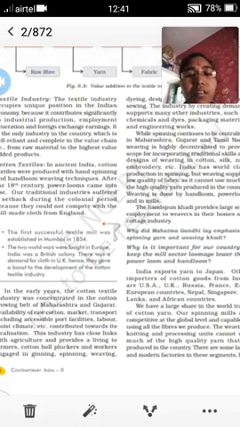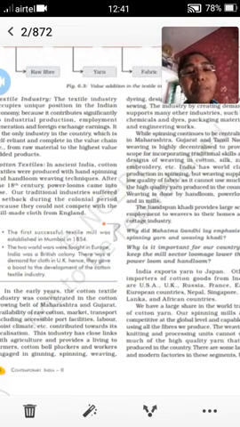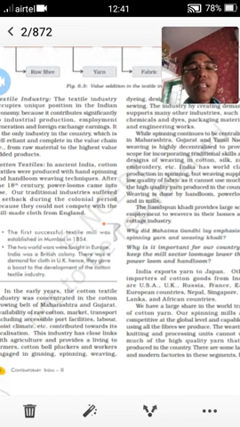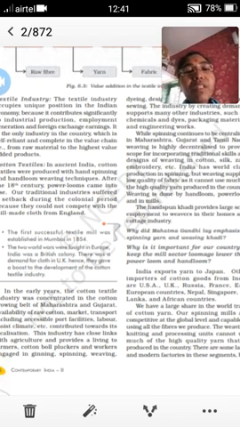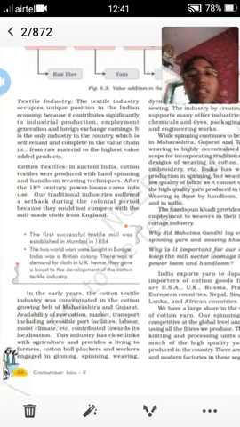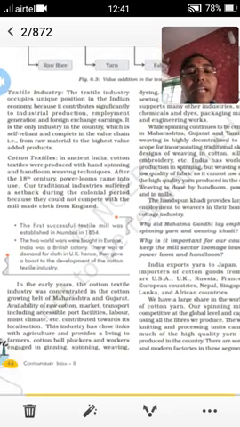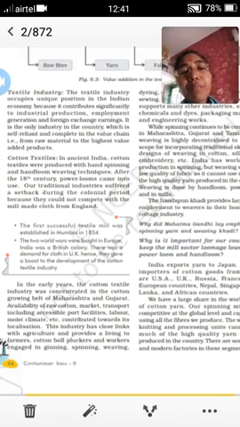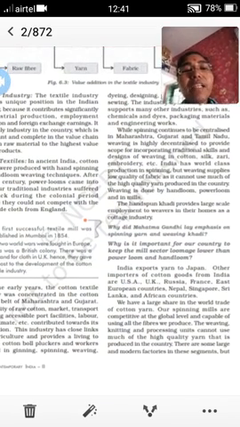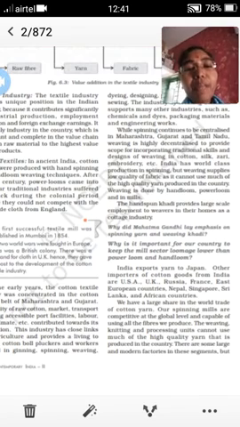Before and after independence, the cotton textile industry flourished. Even now it is given so much importance because it is an agro-based industry, and along with that, it is given much implementation and development, and it provides opportunities for employment also.